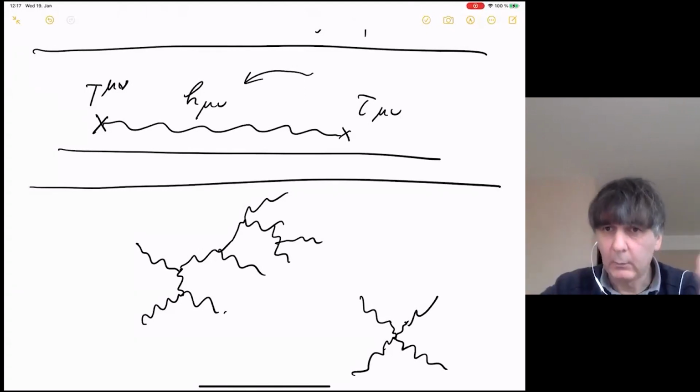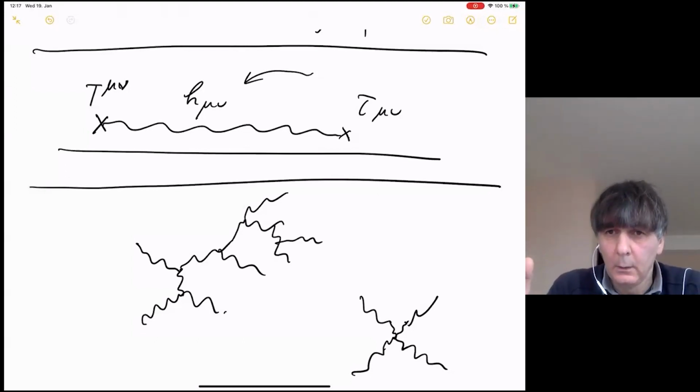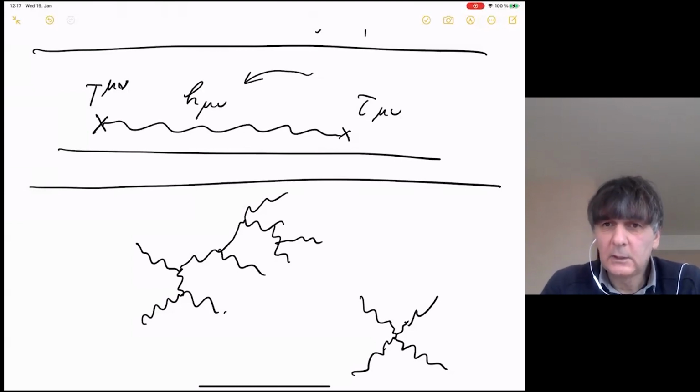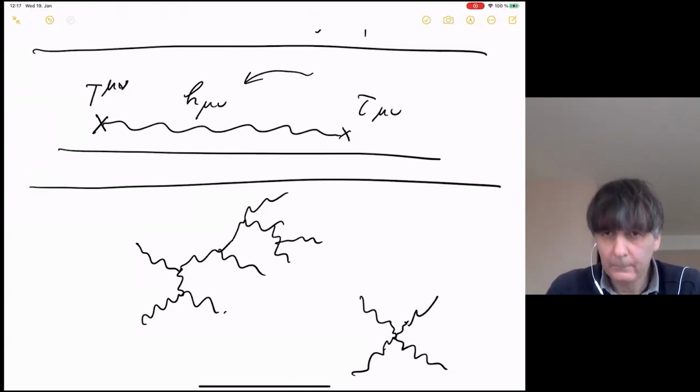Loops are not tree level, but even tree level, without loops, if there are some quantum graviton states, either in initial or in final state, that cannot be understood classically. There's no way to understand classically scattering of two gravitons into two gravitons. No way. Okay. And this is very important.